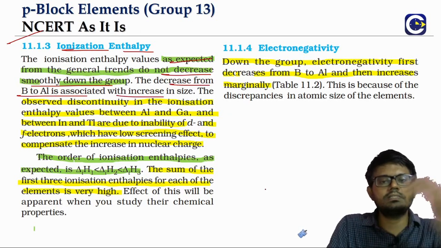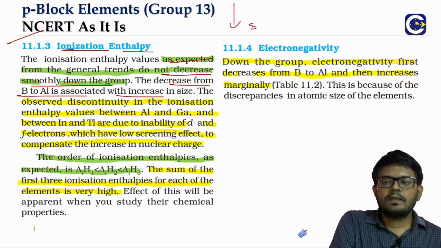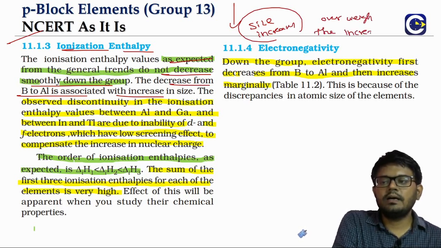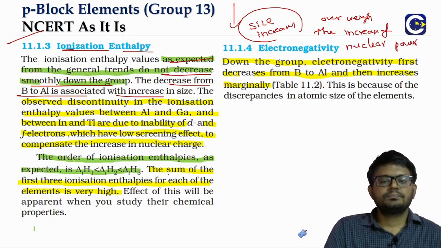Normally, the reason we give is that as you go down the group, the size increases, and that will outweigh the increase of nuclear charge. This is the reason we give for the ionization enthalpy decreasing as you go down the group.